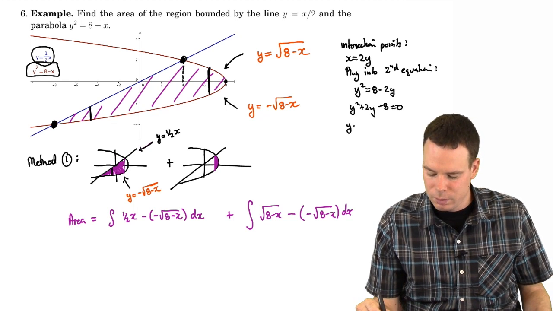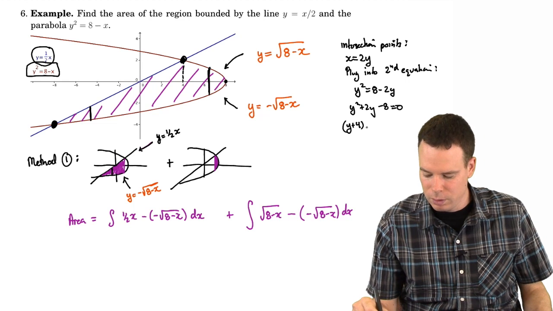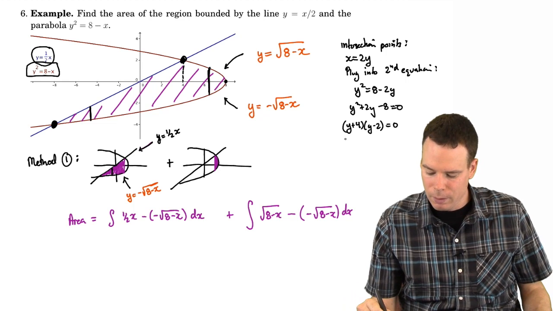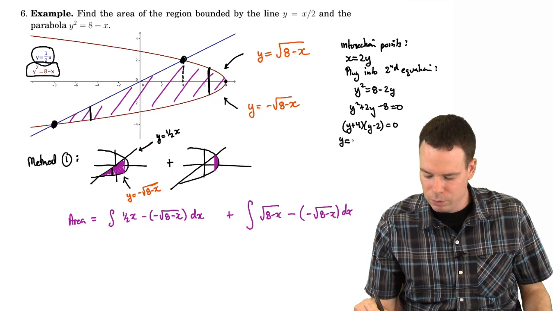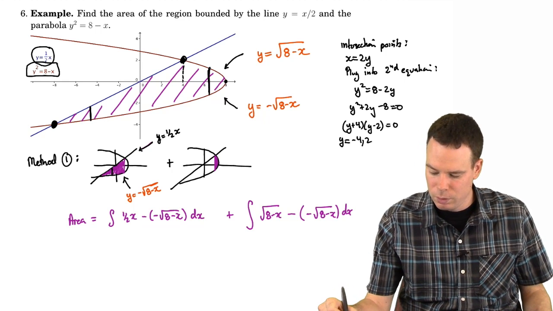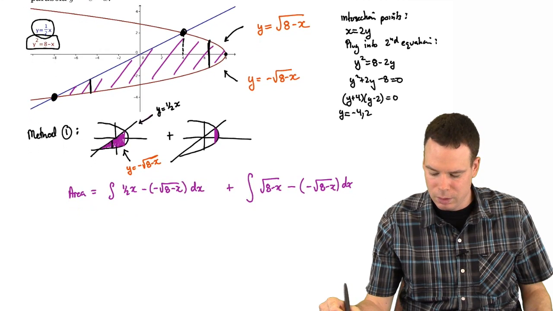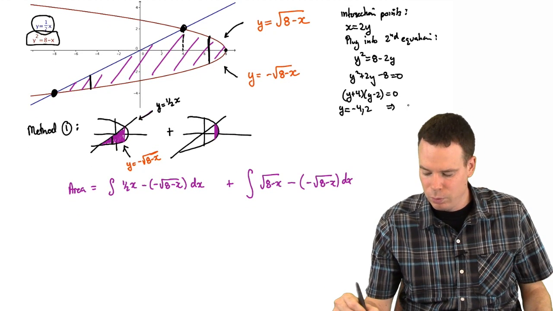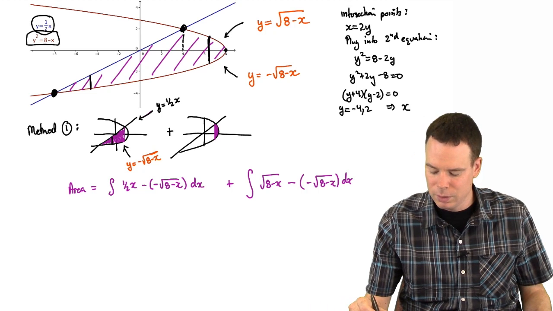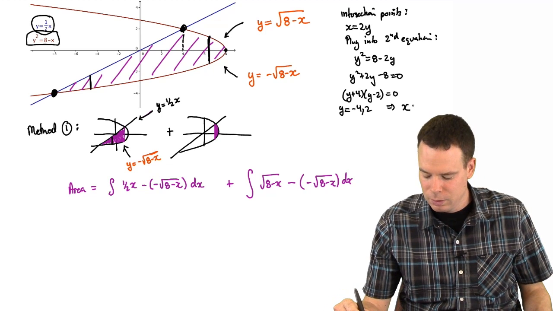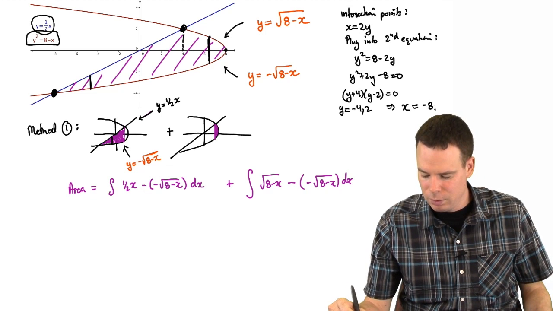And that factors as y plus 4, y minus 2 is equal to 0. Or in other words, y is equal to negative 4 or 2. So y is equal to negative 4 or 2, and we can get the corresponding x values because x is 2 times y. So that would be negative 8 or 4.